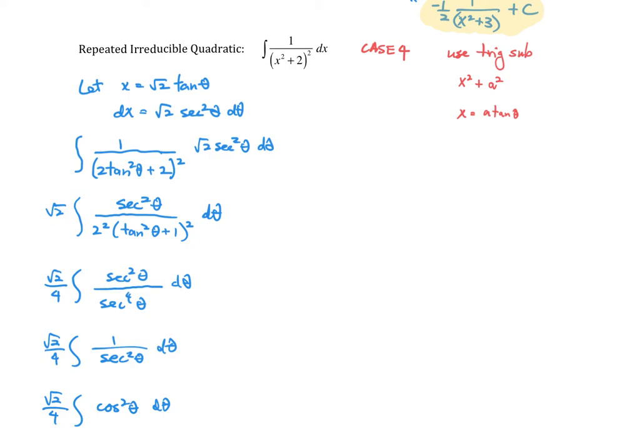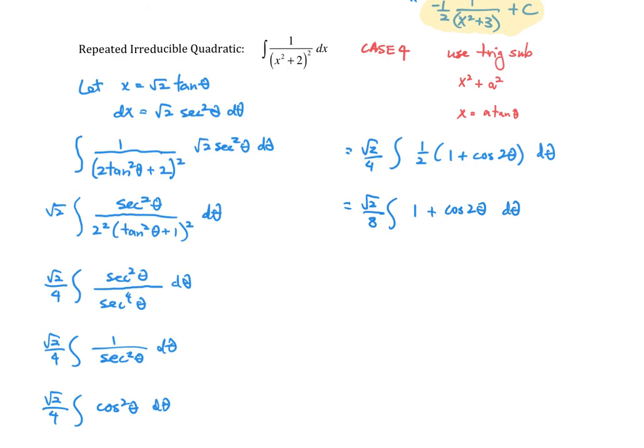So our integral now becomes rad 2 over 4. We apply the half angle formula, which is 1/2 times 1 plus cosine 2 theta d theta. We're going to pull out a 1/2 here. This becomes rad 2 over 8, integral of 1 plus cosine 2 theta d theta.